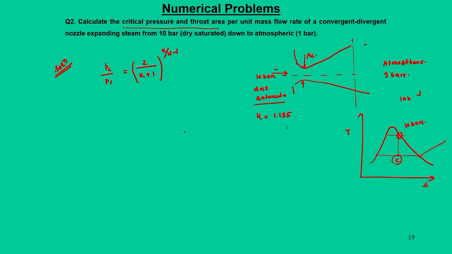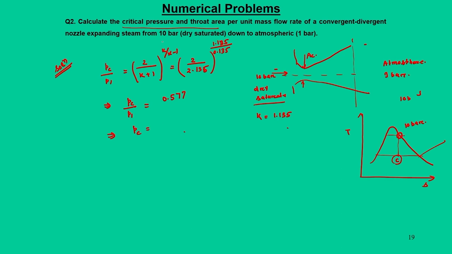Since it is dry saturated, we can take k as 1.135. So, by putting this we say it is 2 by 2.135 to the power 1.135 divided by 0.135. So, we can say the Pc by P1 ratio, that number is 0.577. So, we can find out the critical pressure.